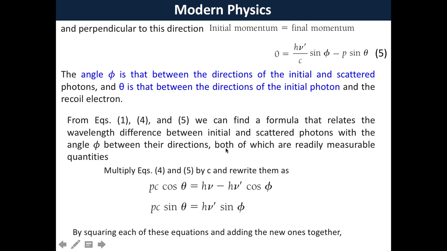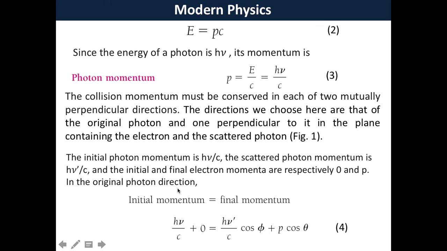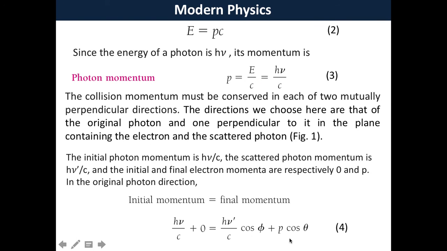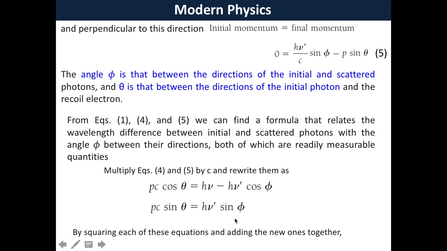So if we multiply by c, we can rewrite the equations. Pc cos theta is equal to h nu minus h nu prime cos phi, and similarly p c sin theta is equal to h nu prime sin phi.